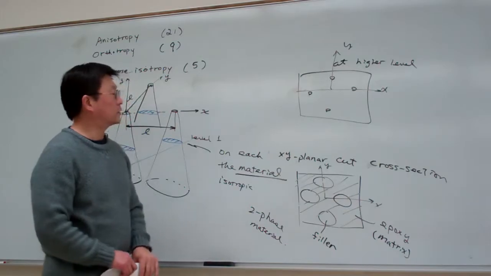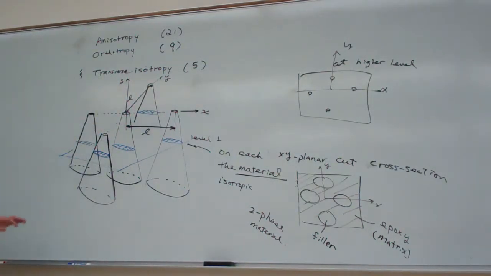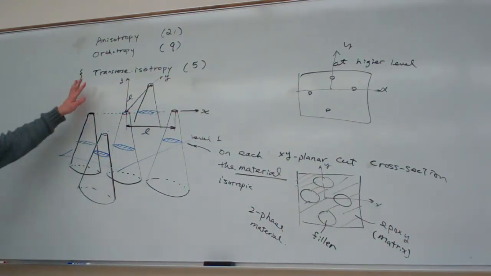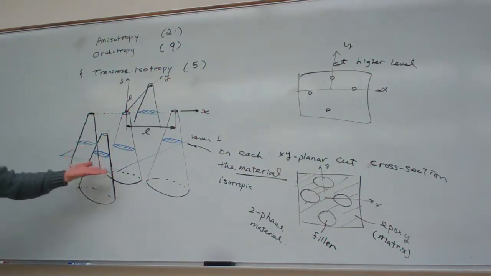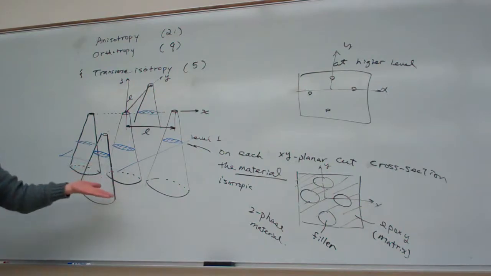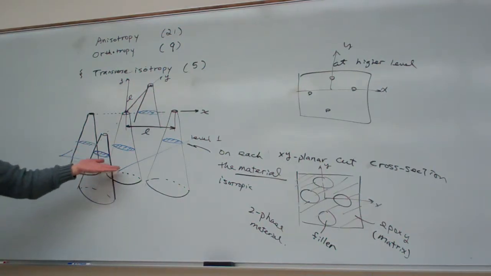Okay. So such an example is what we classify as transversely isotropic. Isotropic is in terms of the XY plane, and transverse means that in the Z direction, the isotropy is changing.